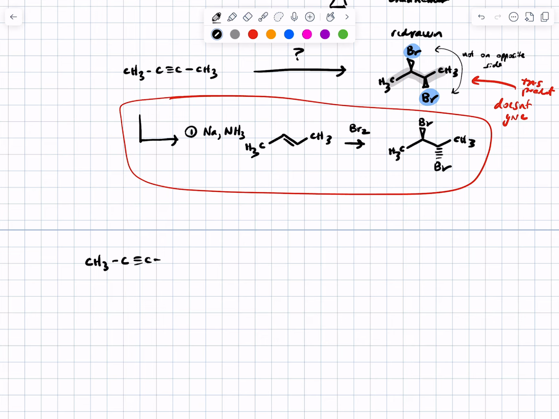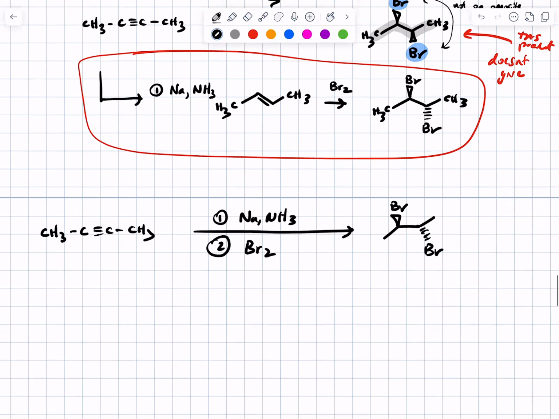In other words, if I desired to get this particular dibromide with the stereochemistry as shown, then yes, the dissolving metal reduction followed by halogenation is the correct way.